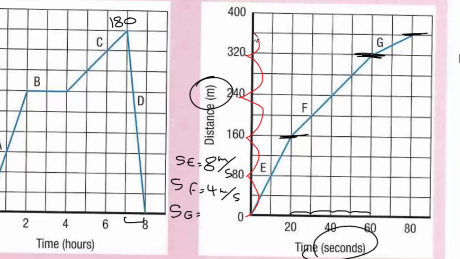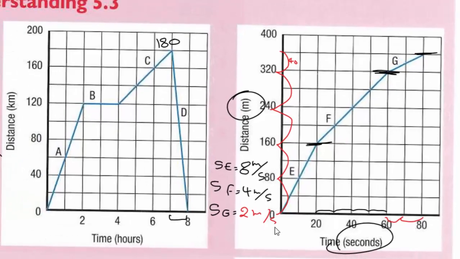So half of 80 is 40. So the distance here is 40 meters, and it should be divided by 20 seconds. 40 meters in 20 seconds, 40 divided by 20 is equal to 2 meters per second.